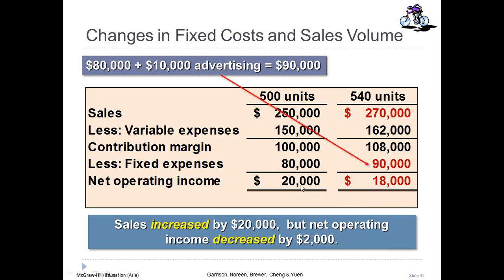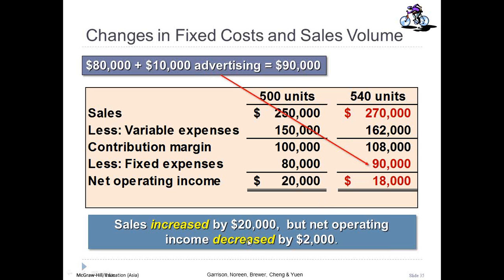Was this a good decision? Should it be justified? The answer is no. In this simple analysis, we actually had less operating income, even though unit sales went up. So one would show this and say, should we spend $10,000 more in advertising?